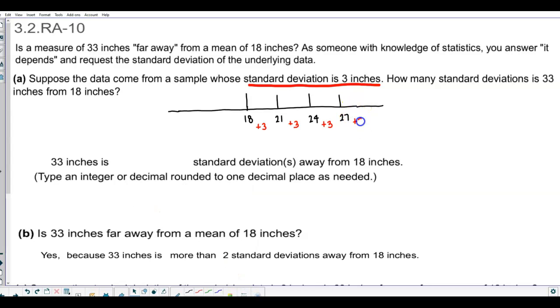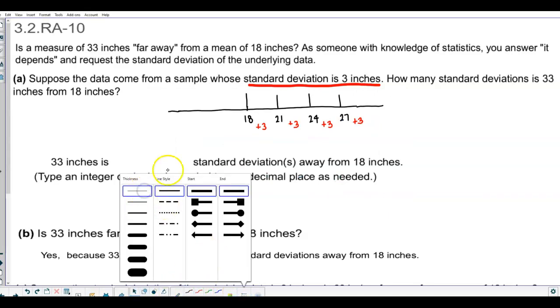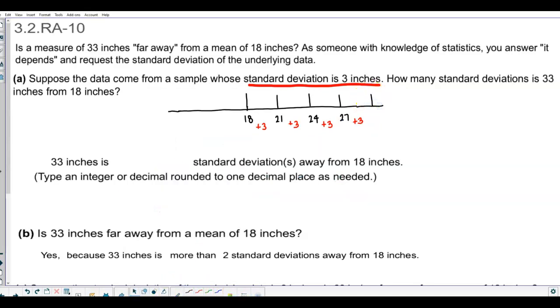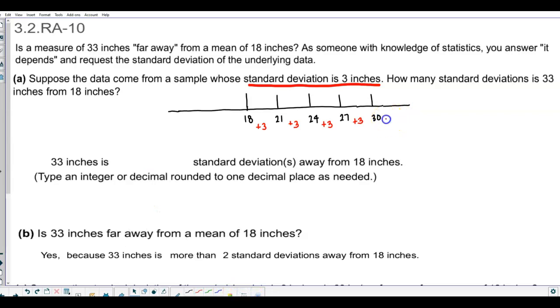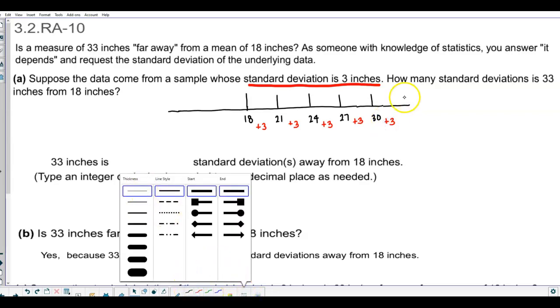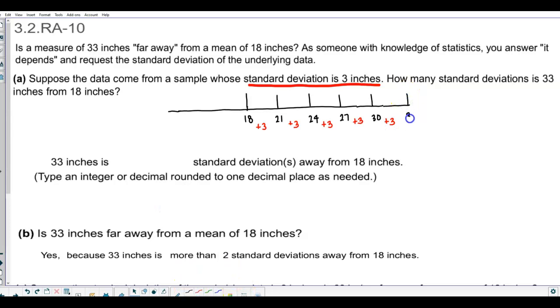Let's add another 3, and then we get 30. And then let's add another 3, and that gives us 33.